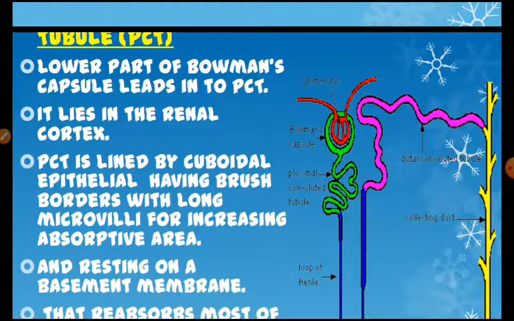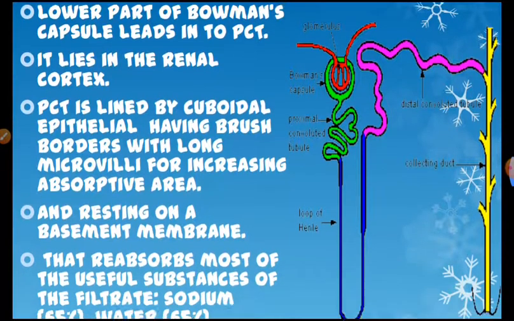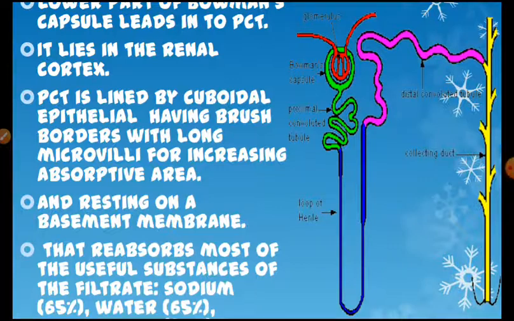Here you can see this is denoted in green color. It lies in the renal cortex, and PCT is lined by cuboidal epithelium having brush borders with long microvilli for increasing absorptive area, and this rests on a basement membrane.